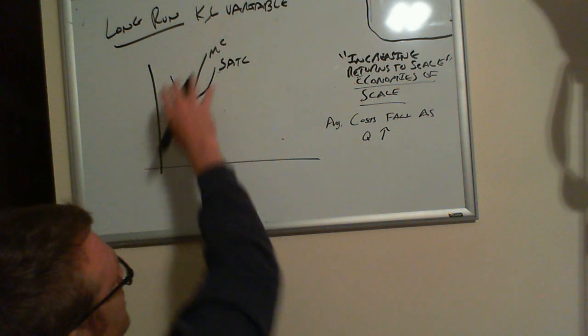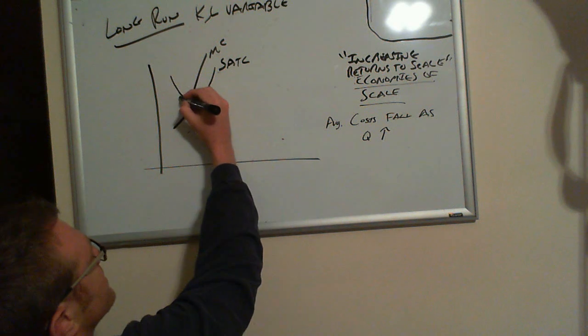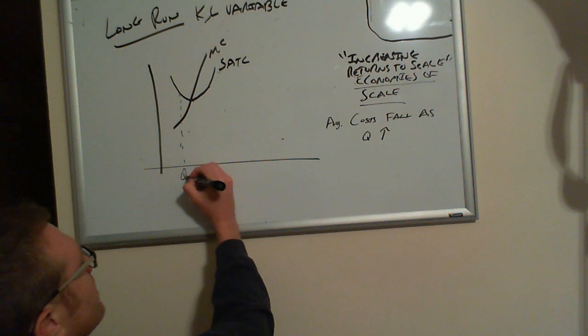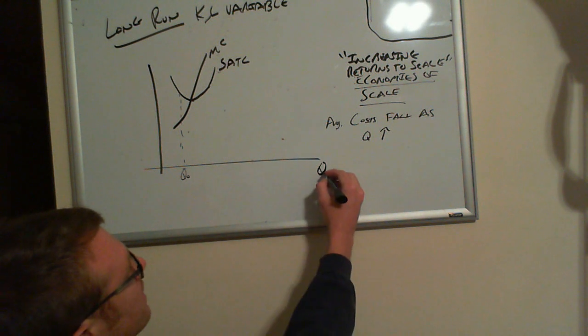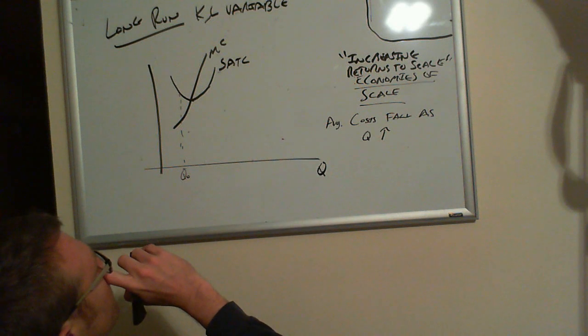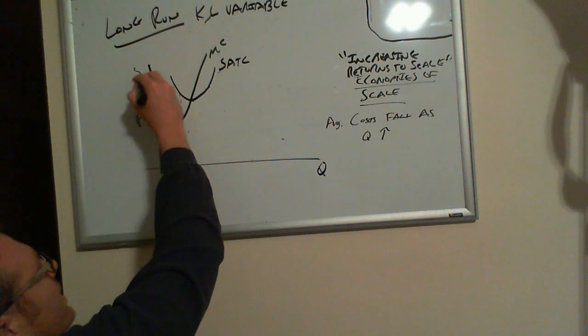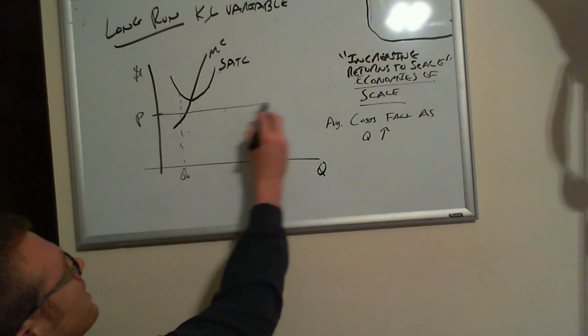So this is what a firm looks like in the short run. And let's say they're currently producing at Q0. So they're a relatively small firm. Well, suppose the price in this market, I'll put P, is there.